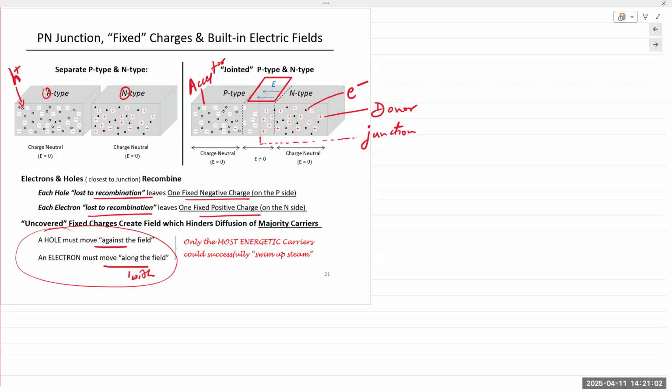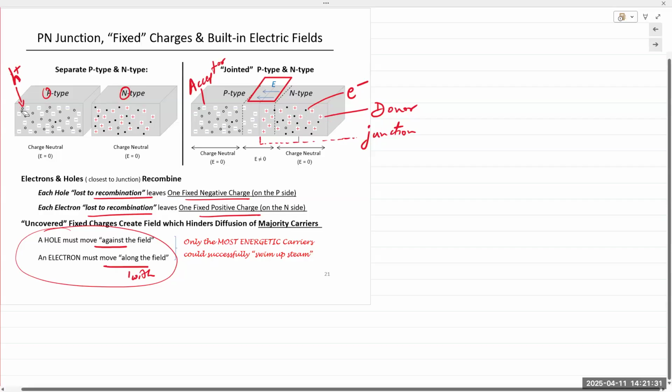What do you mean by uncovered in this slide? Okay, the question being asked is about uncovered ions. That's a good question. Uncovered simply means it has lost its corresponding charge. If you're a donor atom, the donor atom is donating an electron, meaning that atom is now ionized with a positive charge, which is right here. Ionized donor atom has a positive charge right here.